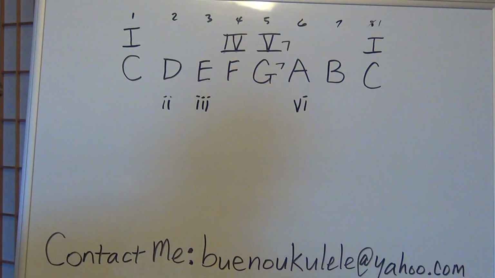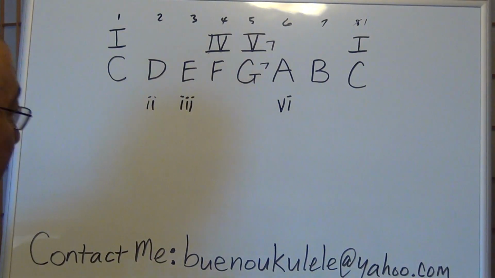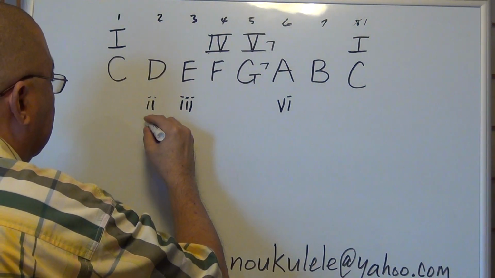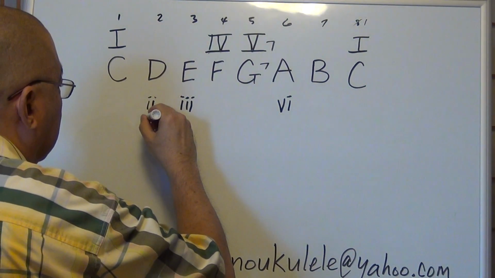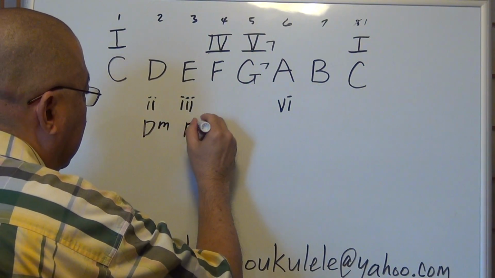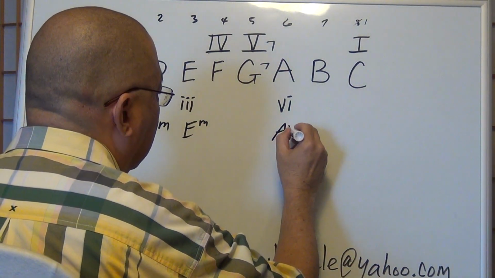Now, whenever you have a small Roman numeral, that means it is a minor chord. So this will now be a minor chord. This will be D minor. And this will be E minor. And this will be A minor.